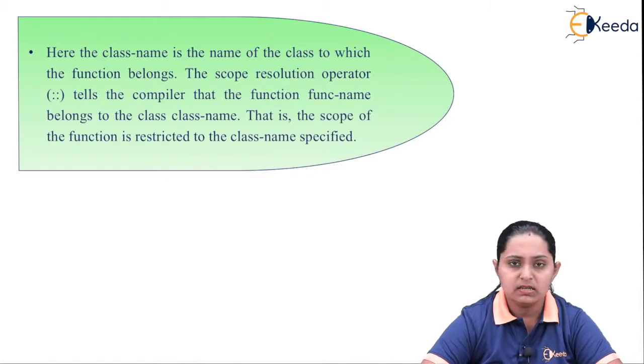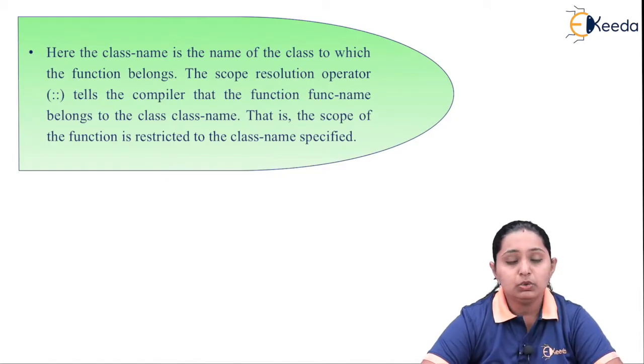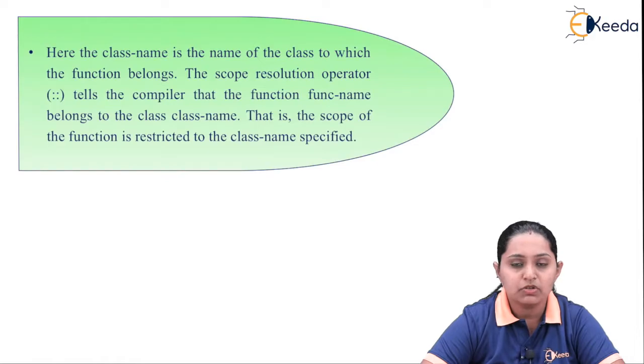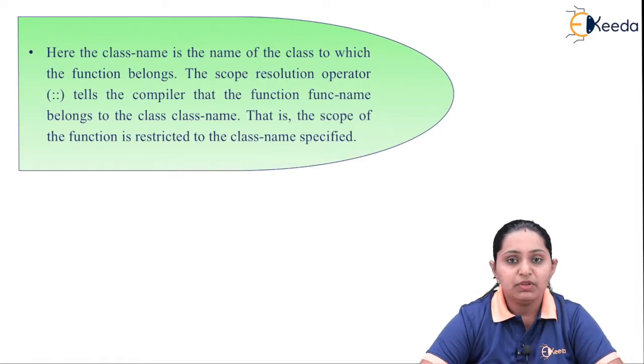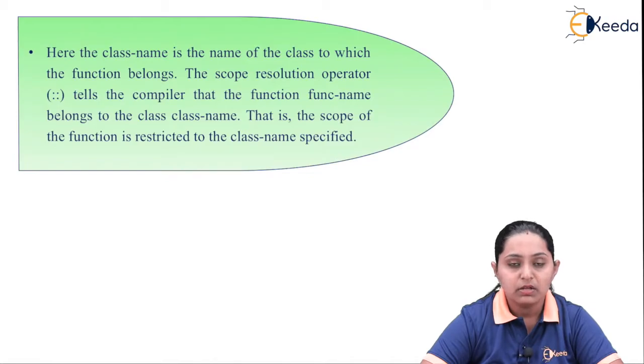That means consider that by default, if two classes have the same function name, and if you forgot to specify the class name, then the compiler will give you an error as to which function is declared. So you have to specify the class name and the data type of that particular class.